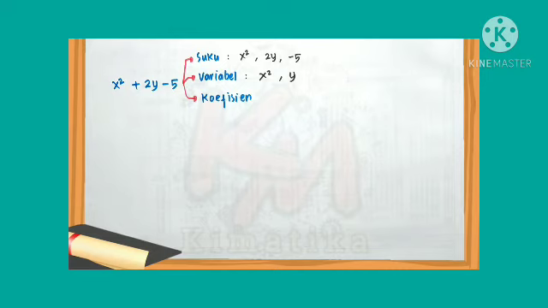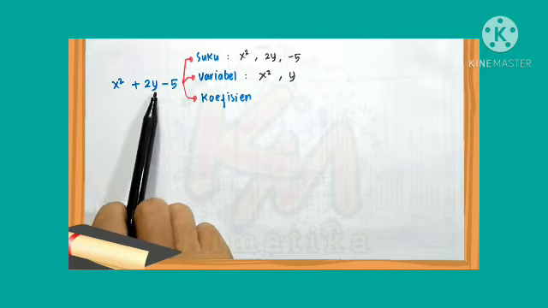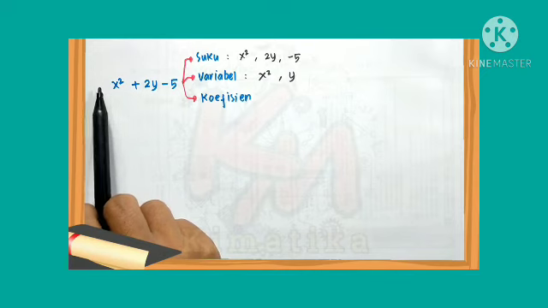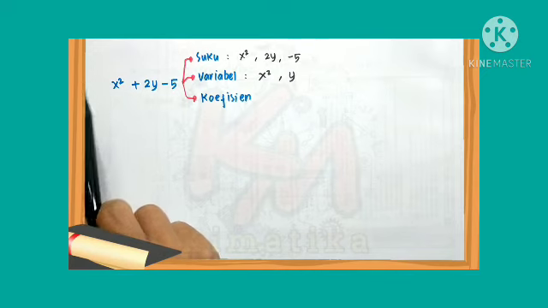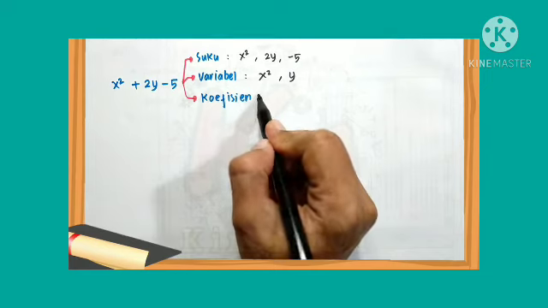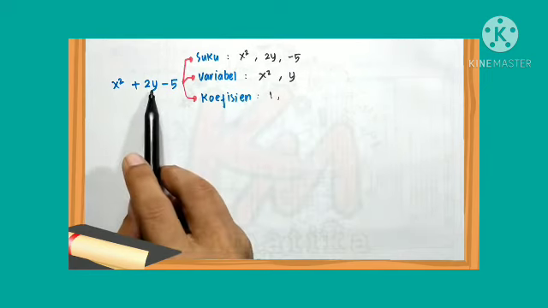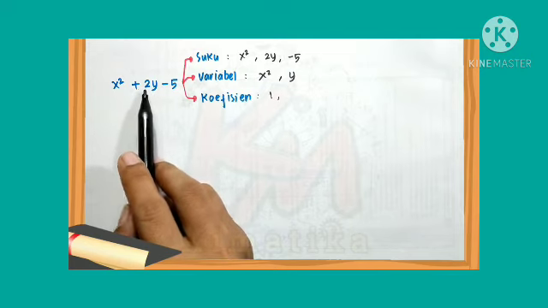Coefficient. The coefficient of x squared plus 2y minus 5 is the number close to the letter. So for x squared the coefficient is 1, and for 2y the coefficient is 2.